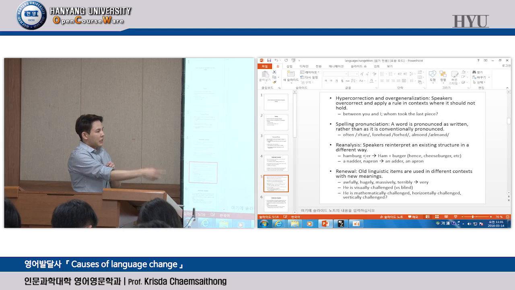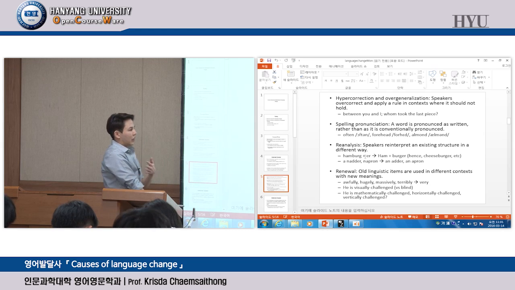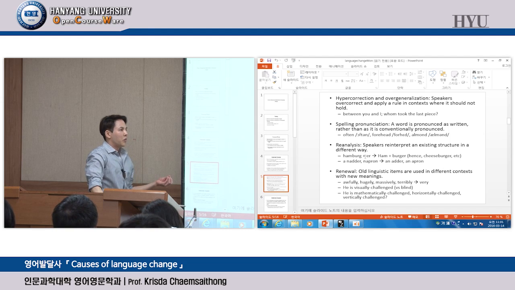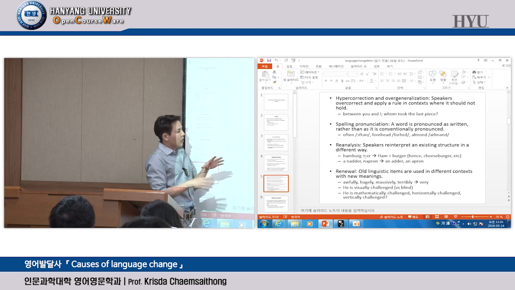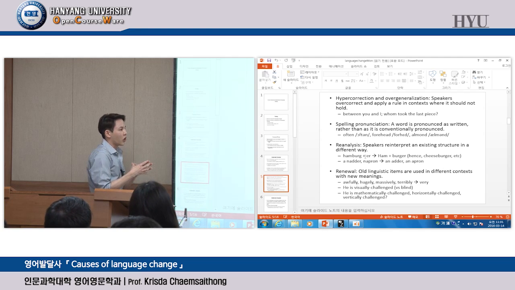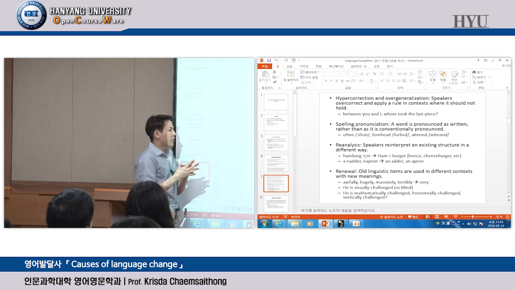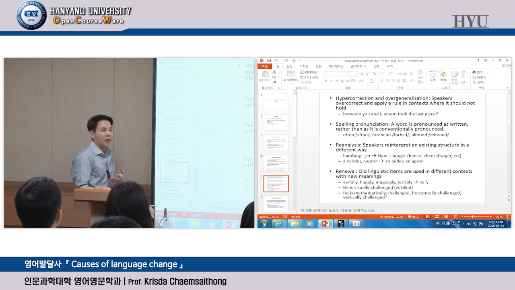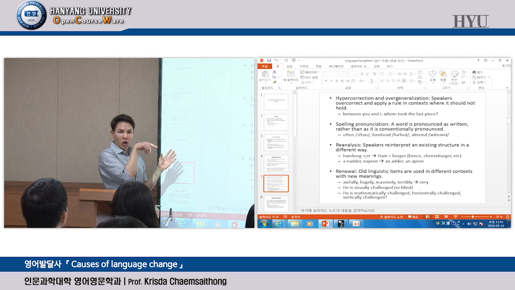Reanalysis. This is going to be important in later chapters. Reanalysis has to do with when speakers reinterpret an existing structure in a different way. When we coined the word hamburger, it actually came from Hamburg, one of the towns in Germany, plus the suffix.